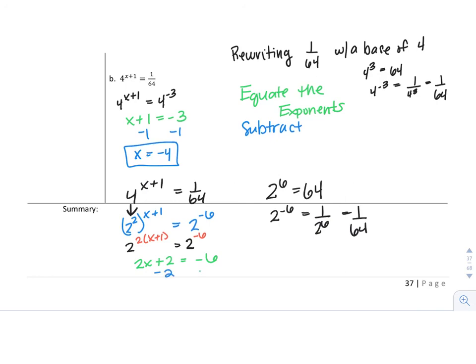Then you would subtract 2 from each side, and you would get 2x is equal to negative 8. And then lastly, you can divide by 2, and you get your answer, x is equal to negative 4. So you can see we got the same answer, but it just took a little bit longer.